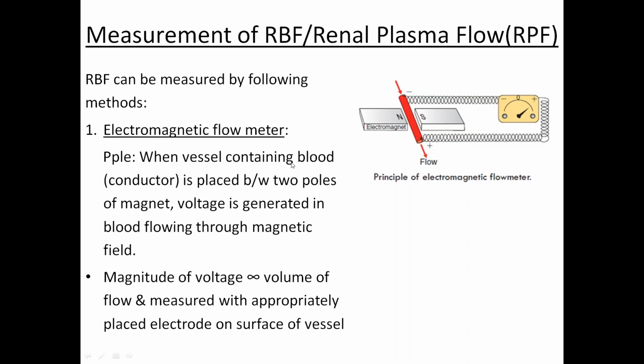The principle is that when a vessel containing blood, which acts as a conductor, is placed between two poles of a magnet, a voltage is generated in blood flowing through the magnetic field, and the magnitude of voltage is proportional to the volume of flow and can be measured with an appropriately placed electrode on the surface of the vessel. So this is one method of measurement of renal plasma flow, through an electromagnetic flow meter.